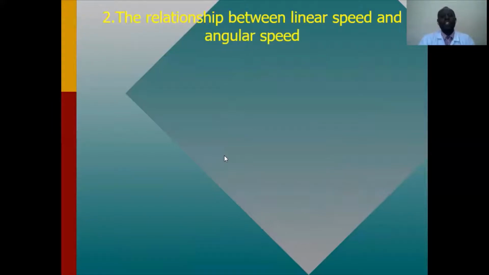The second relationship is the relationship between linear speed and angular speed. So by definition, linear speed is equal to the derivative of linear position with respect to time. From the previous relationship, the linear position s is equal to the radius times theta.